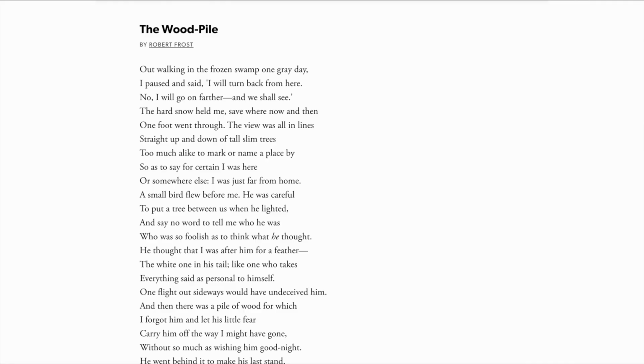The view was all lines straight up and down of tall, slim trees, too much alike to mark or name a place by so as to say for certain I was here or somewhere else. I was just far from home. A small bird flew before me. He was careful to put a tree between us when he lighted, and say no word to tell me who he was, who was so foolish as to think what he thought.